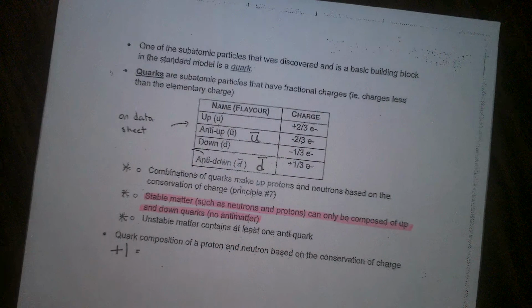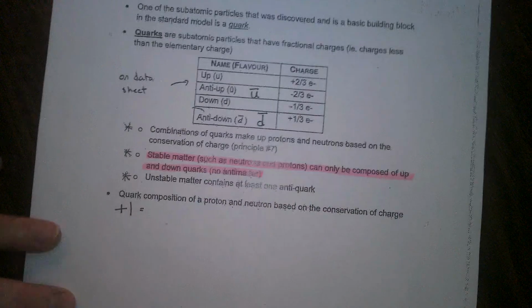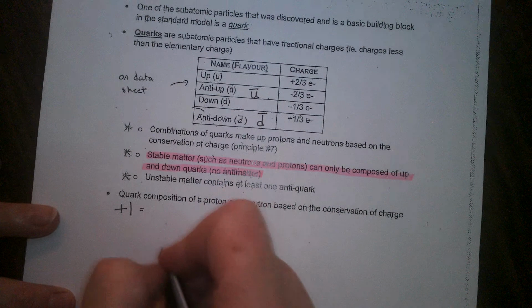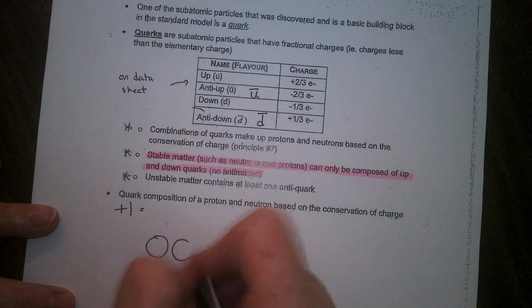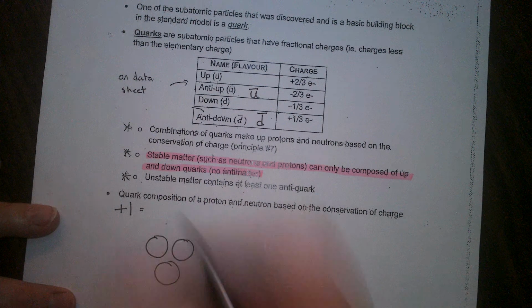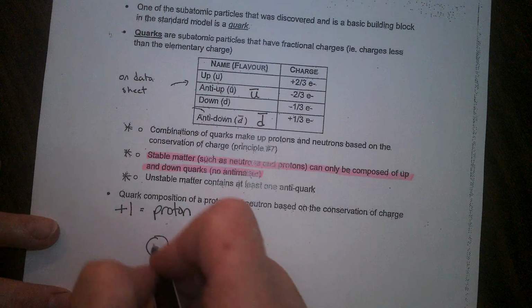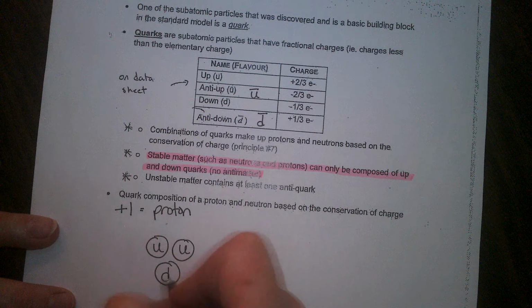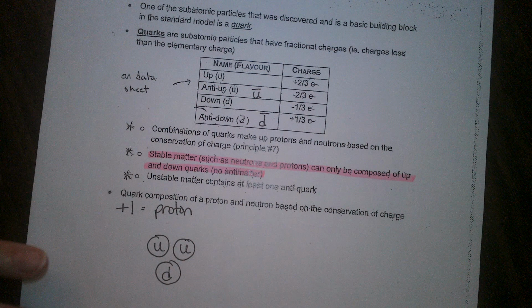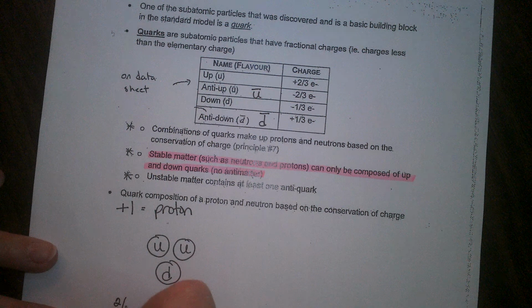So we're not going to have those in a proton or a neutron. When we look, an up quark is 2/3 and 2/3, and a down quark is negative 1/3.